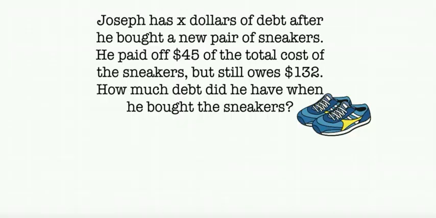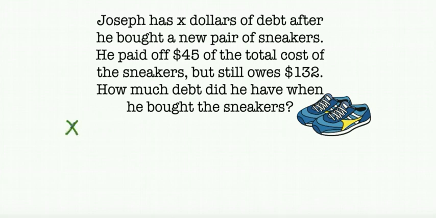Here in this word problem, Joseph has x dollars of debt after he bought a new pair of sneakers. He paid off $45 of the total cost of the sneakers, but still owes $132. How much debt did he have when he bought the sneakers? So again, Joseph has x dollars of debt.